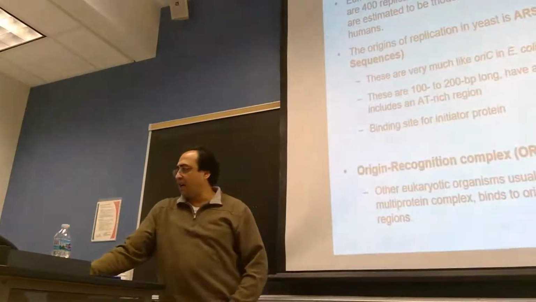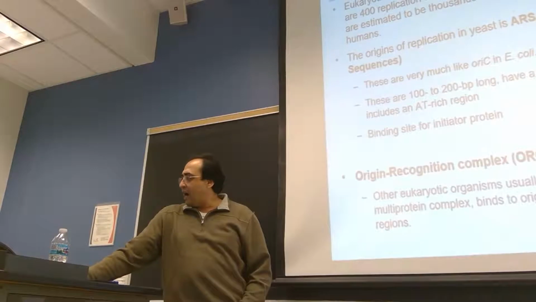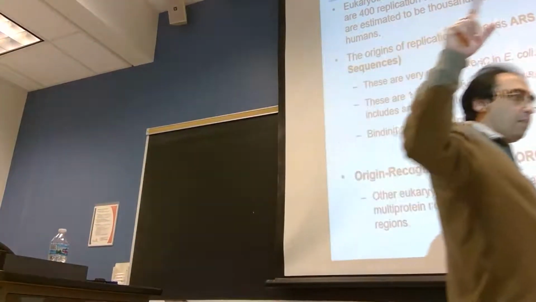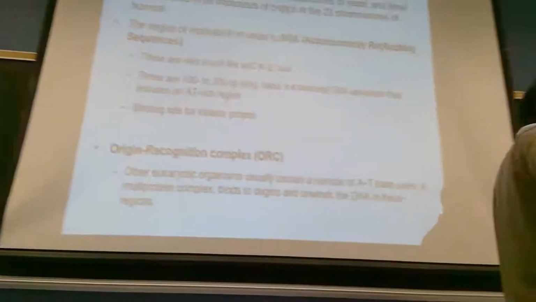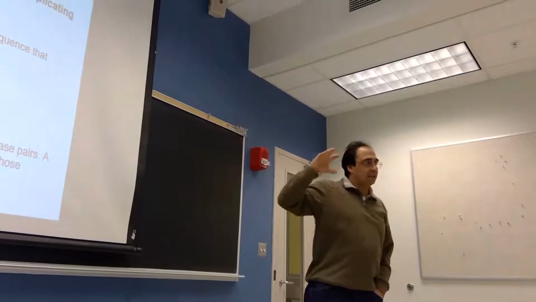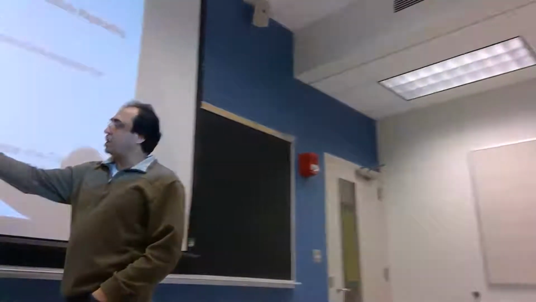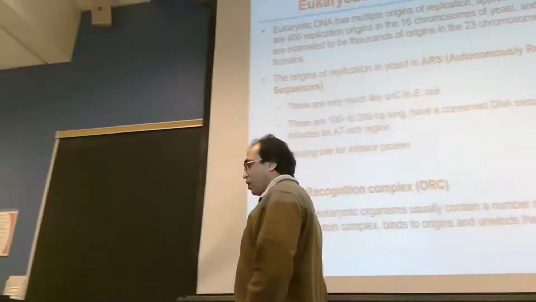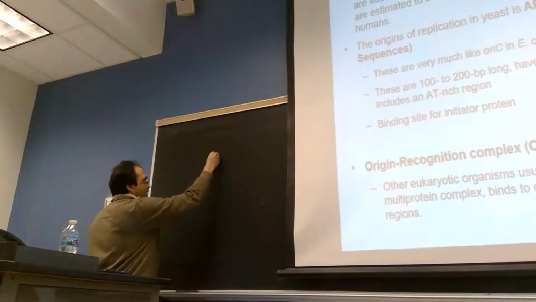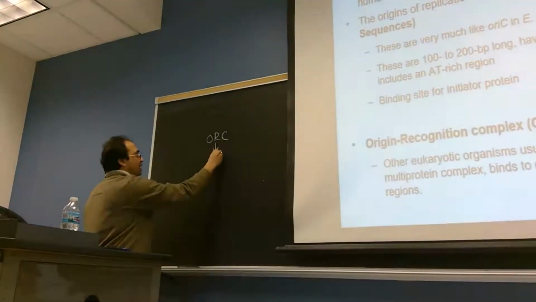It is just 100 to 200 bp long, mostly AT rich, and another protein is required to bind with it. In prokaryotes, the DnaA protein binds to the ori region to initiate replication. Here another protein is required, called the origin recognition complex, ORC. The ORC needs to bind with the ARS region, then the initiation can start.